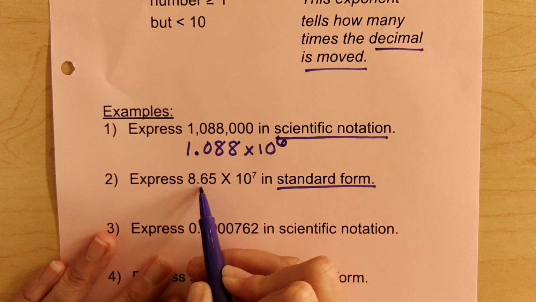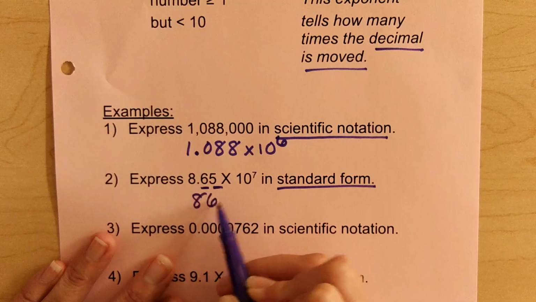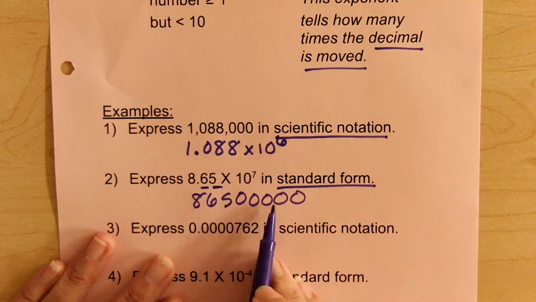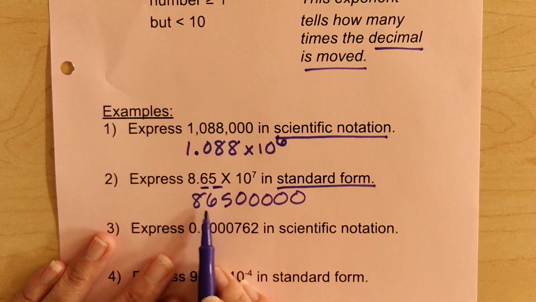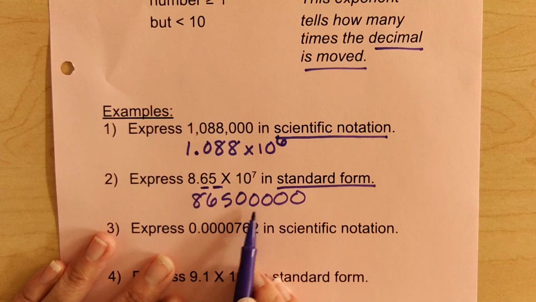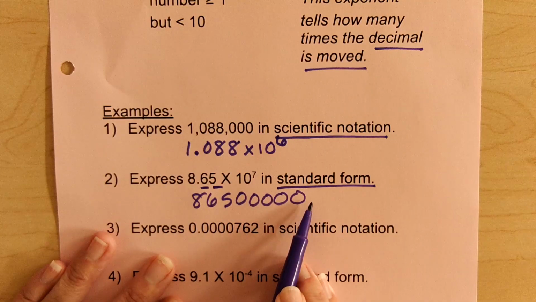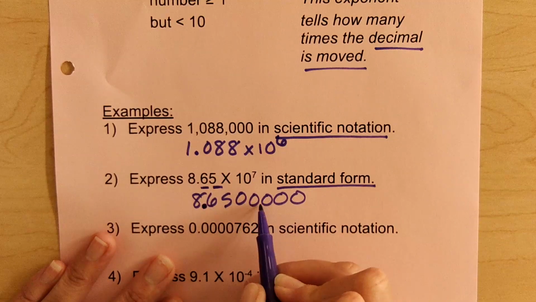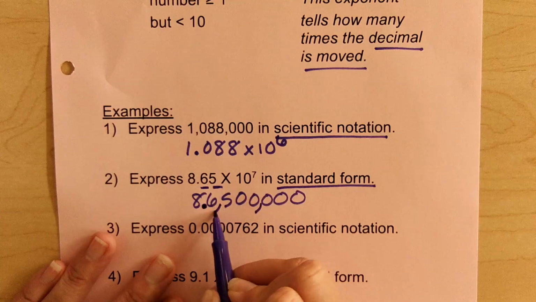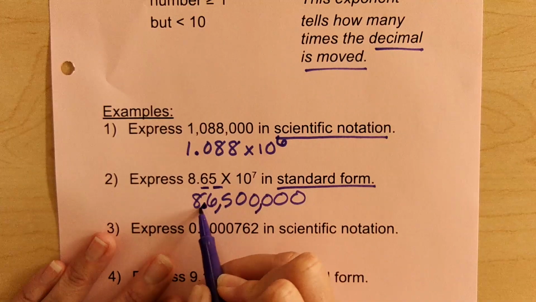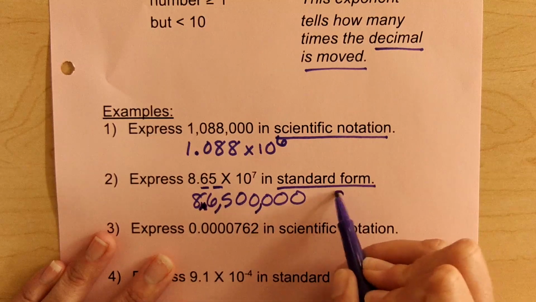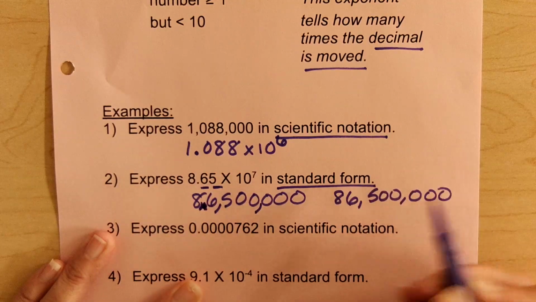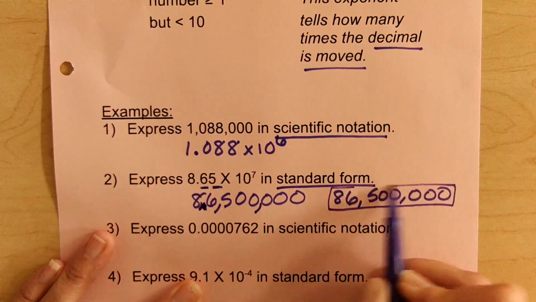So if I already have 2 numbers here, so I have 865, I'm going to have to add 5 more zeros because I have to move 1, 2, 3, 4, 5, 6, 7 places after the 8. Okay, then I'm putting my commas in to show my place value. So in standard form, we'd have 86,500,000.